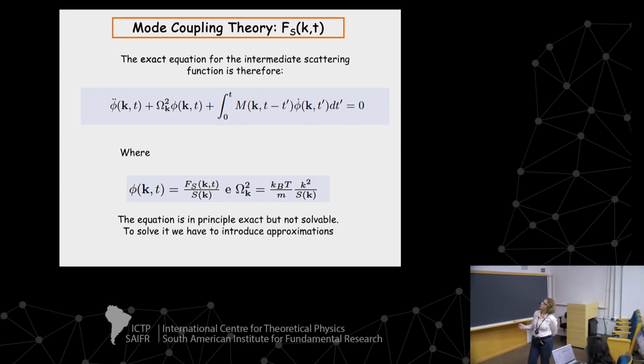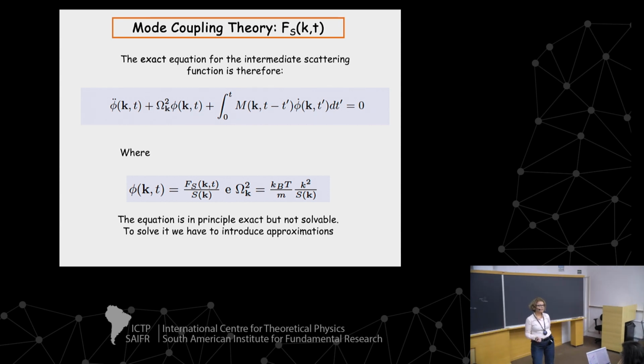The equation for the intermediate scattering function is phi, which is our f, twice derived with respect to time, of kt, equal to minus omega squared phi kt plus the integral between 0 and t of the retarded memory kernel m of k, t minus t prime, times phi derived with respect to time of k and t prime, in dt prime. Here phi of kt is not exactly the self-intermediate scattering function, but the self-intermediate scattering function divided by S of k, the static structure factor.